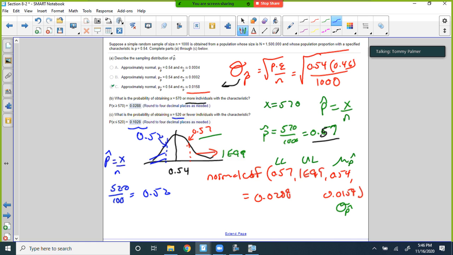So we're looking at all this area over here, right? If we were to set that up, it'd be a normal CDF. The lower limit would be -1E99 up to what? 0.52. And then, of course, your mean is 0.54. Standard deviation is 0.0158.